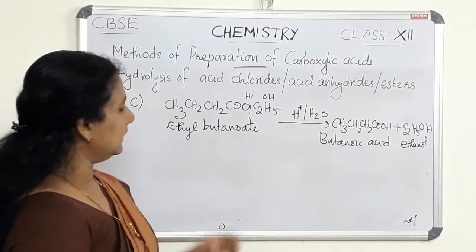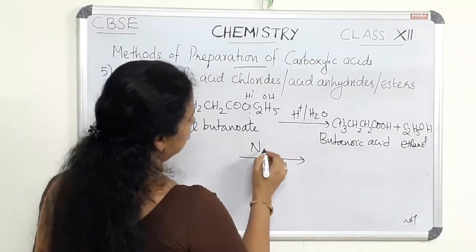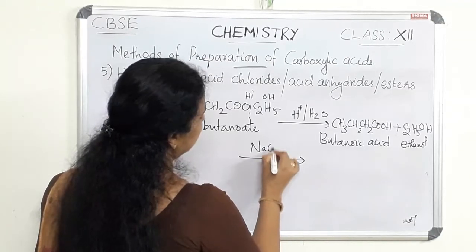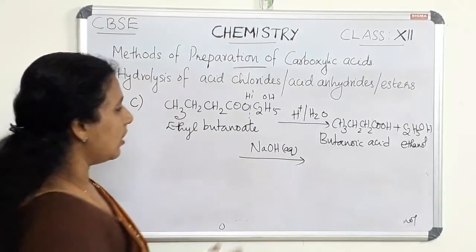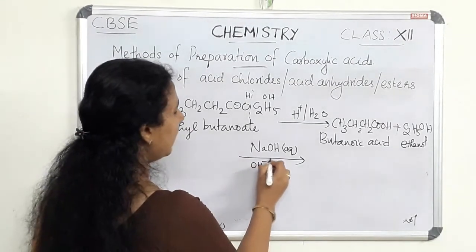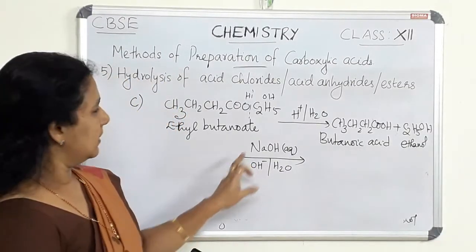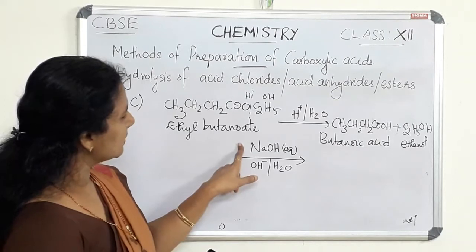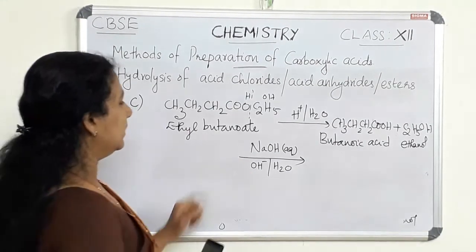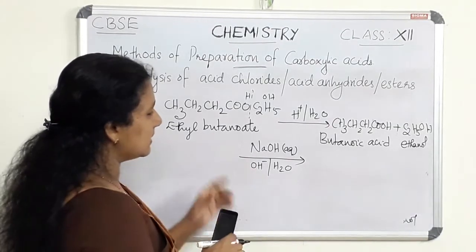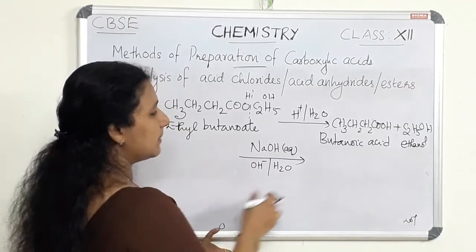If base hydrolysis is done with NaOH aqueous, we can write NaOH aqueous or OH minus, H2O. So hydrolysis in presence of a base. Ethyl butanoate is taken as the ester.